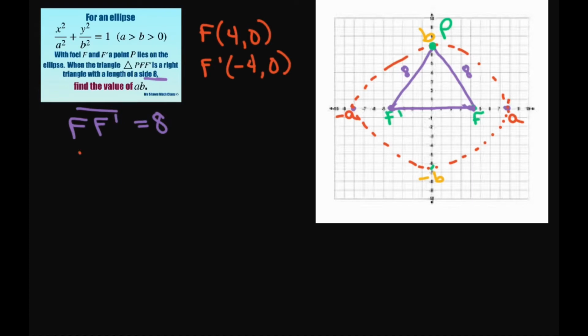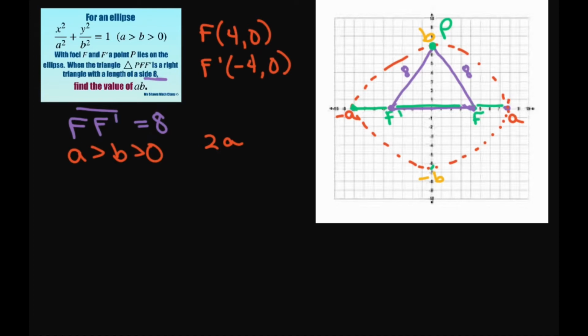Now, since we have that A is greater than B and B is positive, the length of the major axis is 2A. So this whole length here, from here all the way through here, is 2A.